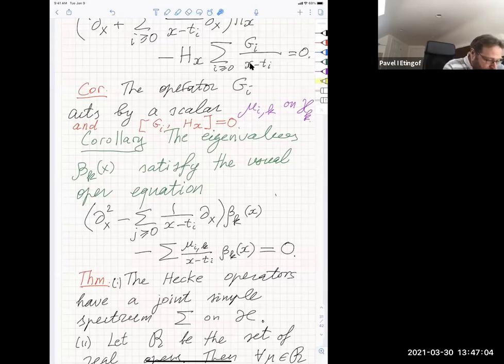For example, over complex numbers, this beta k of x is just a real analytic single-valued solution of this equation. It doesn't have complex analytic single-valued solutions, but it has real analytic single-valued solutions. And it is a real function, so it will also satisfy the complex conjugate equation.